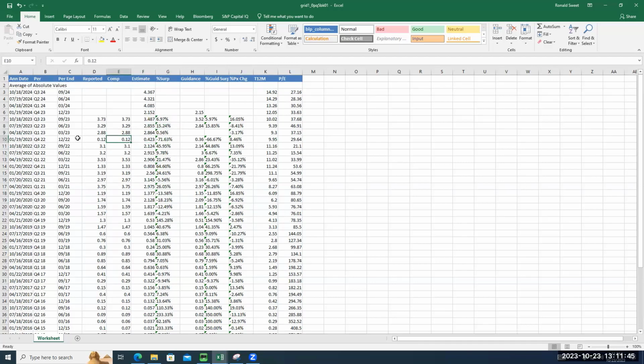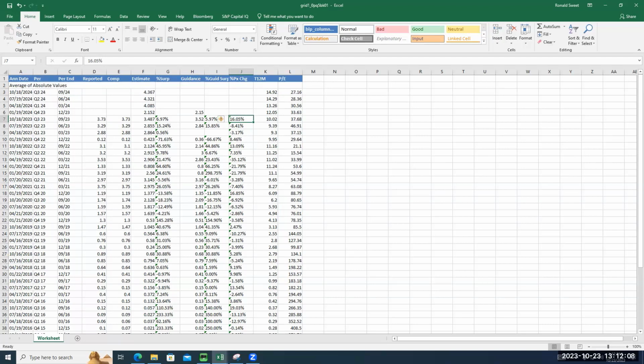Last January they reported 12 cents, what the market was expecting 42 cents, and so that's a pretty big miss. And yet their stock price was up, so that's the unusual aspect here. Here you can see their stock price is up 16%, which is the reason I'm using Netflix.